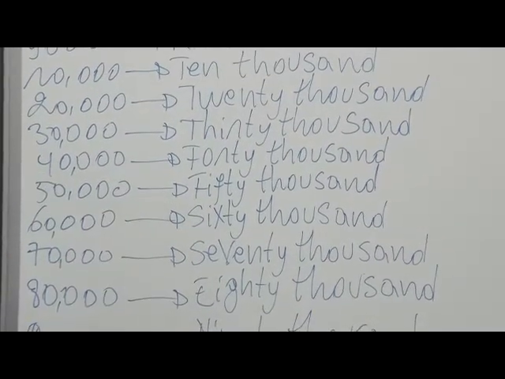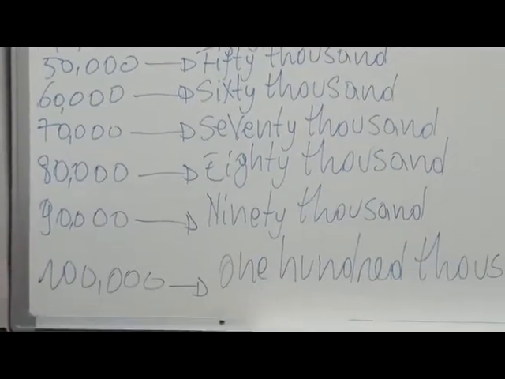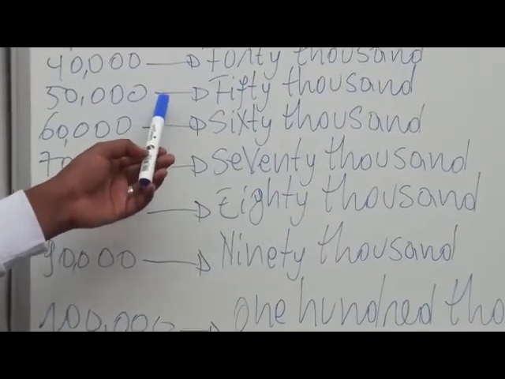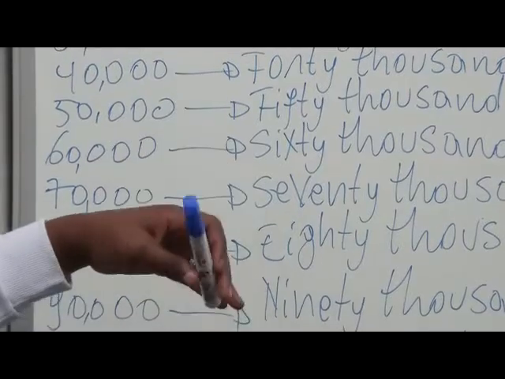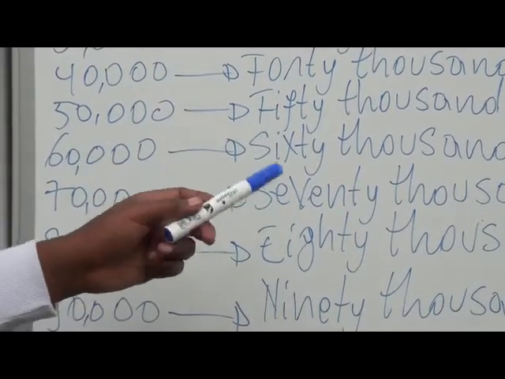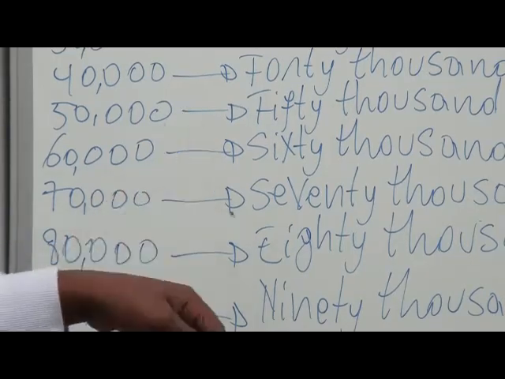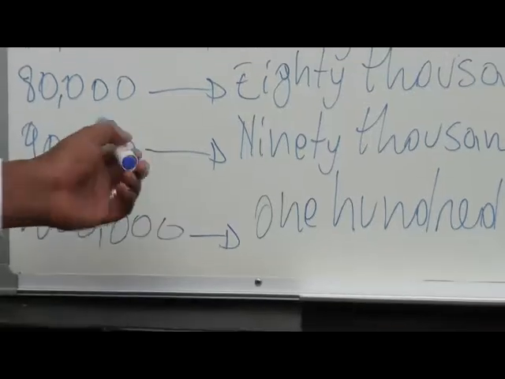Here it's 40,000. Here we have 50 and 3 zeros, 50,000, 60,000, 70,000, 80,000, 90,000.